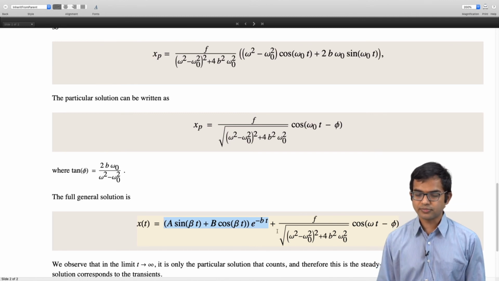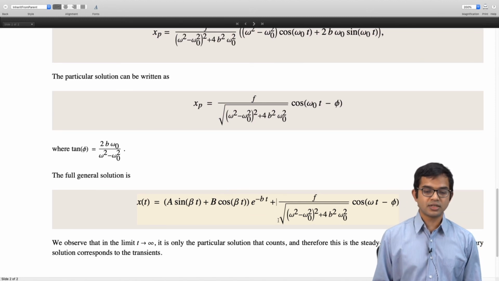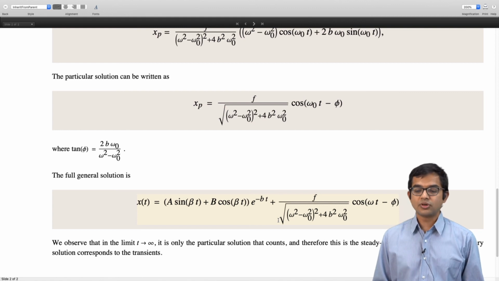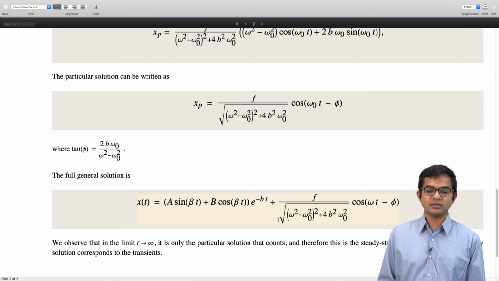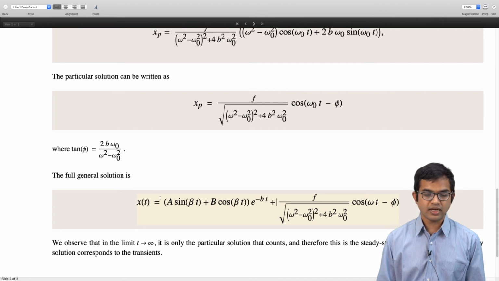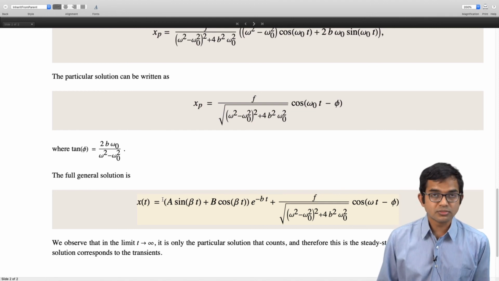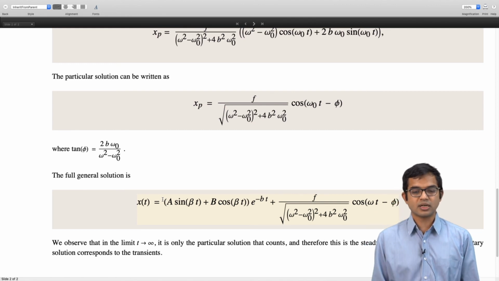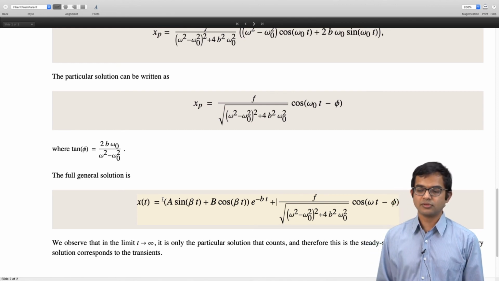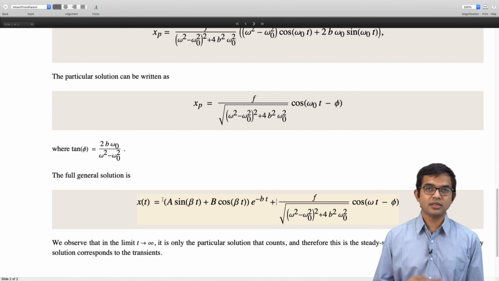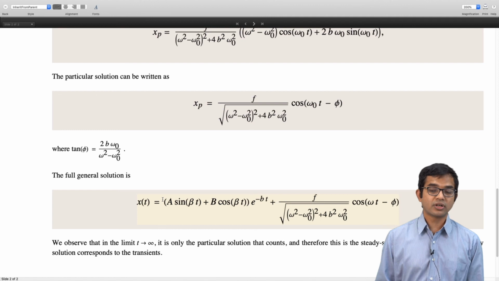That's the reason why this particular solution in this context is also known as the steady state solution, right? Your system for long times will settle down to the steady state, and whatever information is contained in the complementary function is what are called transients. It's important only if you're interested in how the system behaves at very tiny times right after this external driving force is introduced, and then the external drive takes over, and the system is entirely under the control of the external drive for long times.